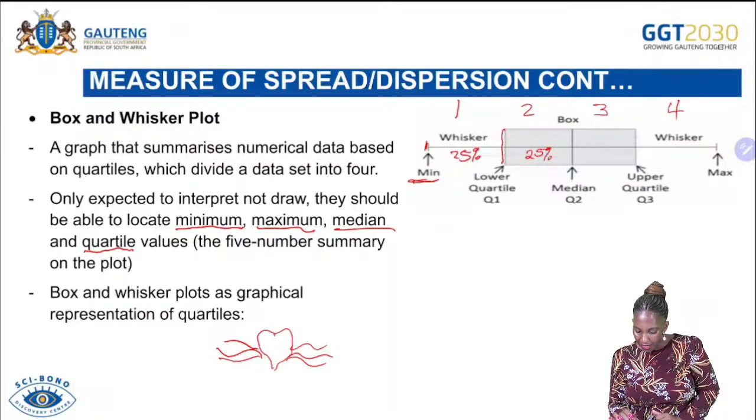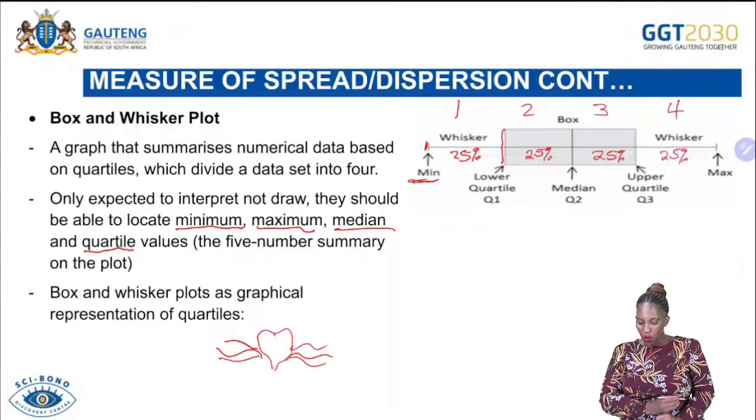When you do the percentiles, you'll see it's 25%, because we said we are dividing it into 4 equal parts. So each part is 25, 25, 25. From the minimum to the lower quartile, it is 25%. From the lower quartile to the median, it's another 25.